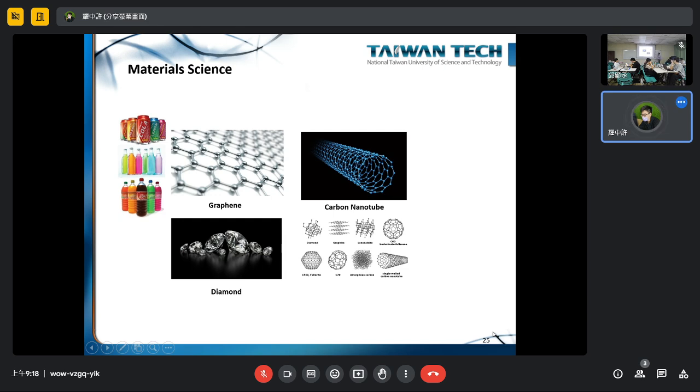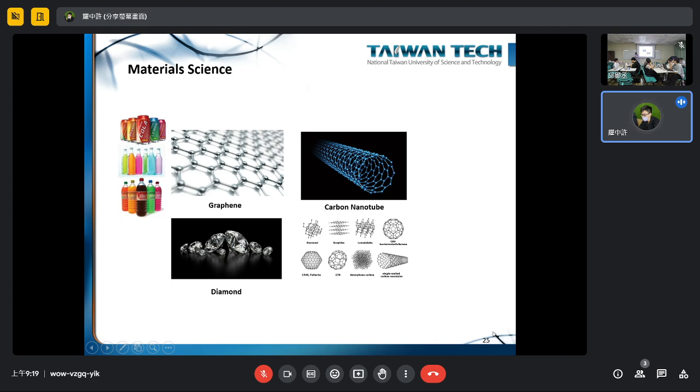Or if we reduce to the nanoscale, you can see on the right here, these three are all made from carbon. So what's the difference? For this one, it's planar.